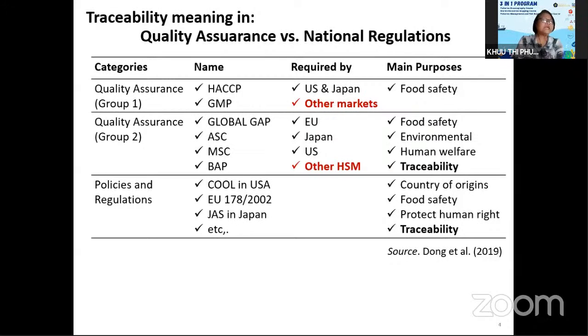Or in the EU, there are many regulations about traceability from farm to fork. Or in Japan, we can find the requirements about traceability in Japan's food safety laws.